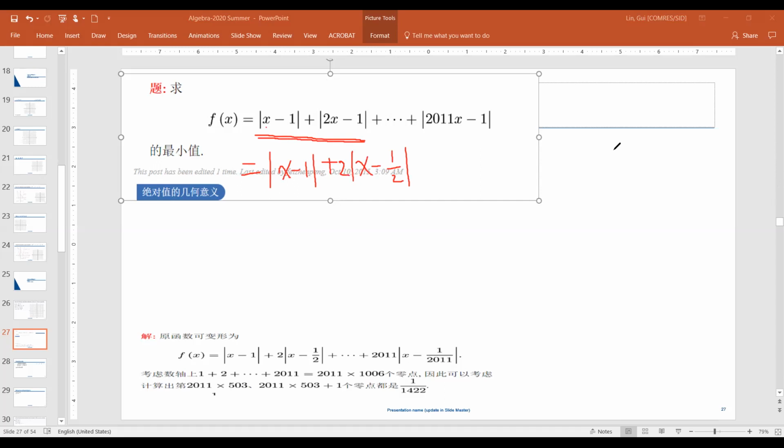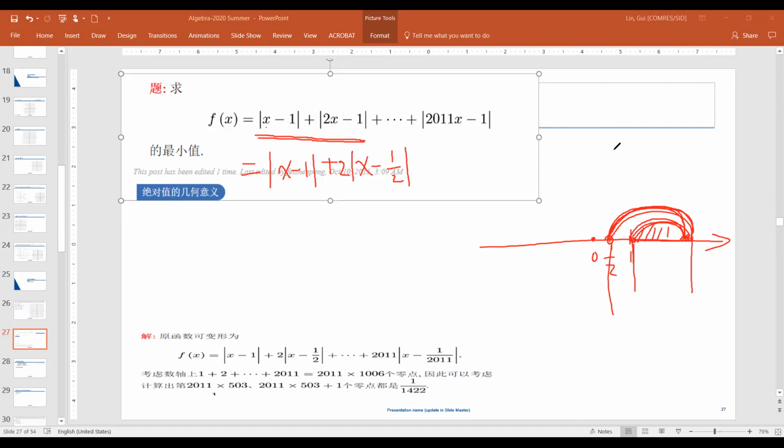So it means if you have a dot at 0, this is 1, and this is half, then for any dot you need the distance to here plus 2 times the distance to here. So any dot to here, to here, to here. So this distance plus this distance. All right. So that's 2 distances added together.